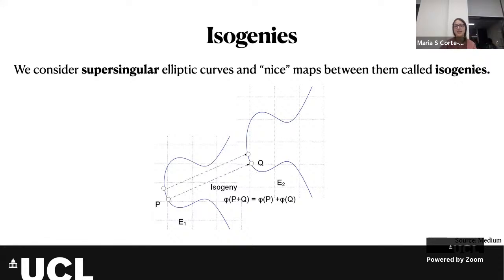And by nice, I mean that it preserves the group structure on your elliptic curves. The really nice property of an elliptic curve is that it forms a group, and we don't want to consider maps that completely destroy this group structure. Otherwise, you lose a lot of the nice properties that your elliptic curves have. So we only consider maps that preserve this group structure, and these maps are called isogenies. The more mathematical term for this is a group homomorphism between elliptic curves.